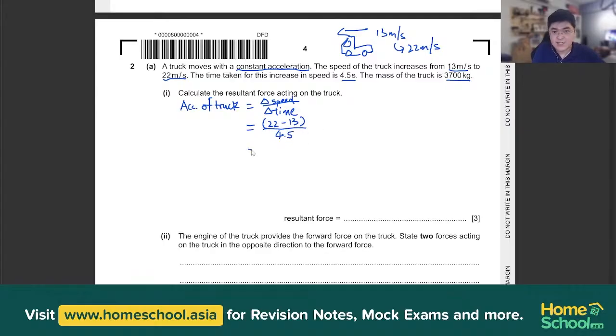And with that, we get 9 divided by 4.5, which you get 2 meters per second squared. This is our acceleration, okay? Now, writing this, change the speed over time, will get you 1 mark. To take note, okay? Now, moving on.